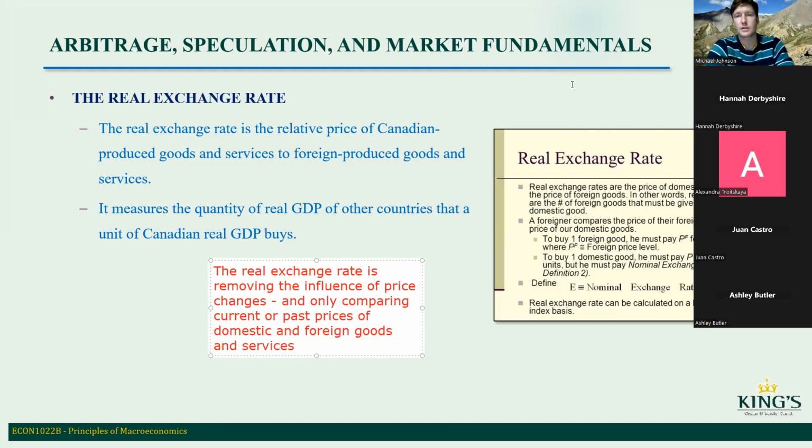It's a good measure for showing the two values of currencies in this case. The real exchange rate shows how much real GDP you can buy in other countries with our GDP.